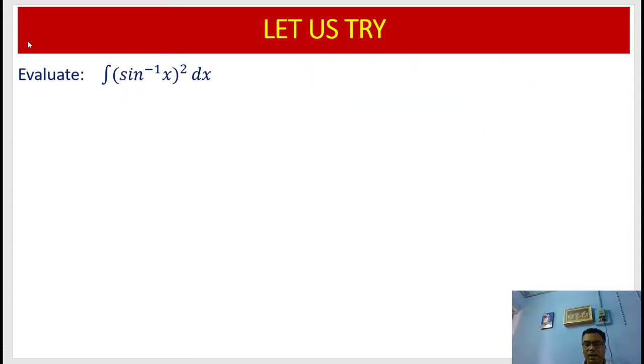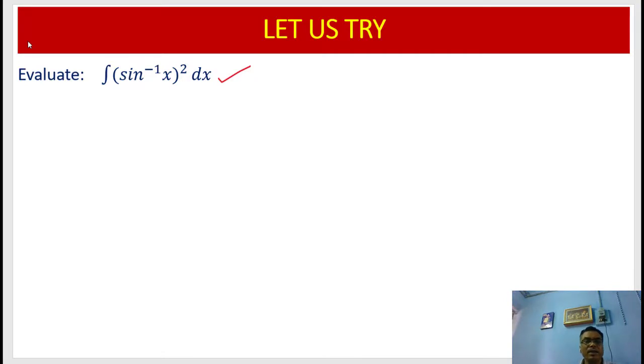Now, like sin inverse x, it is sin inverse x whole square. You note down this question. This is a question for you. So here what shall you do? You will have to manipulate. Put sin inverse x as t, just as we did the integration of only sin inverse x.